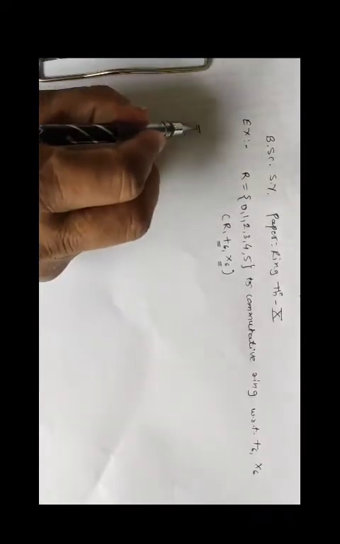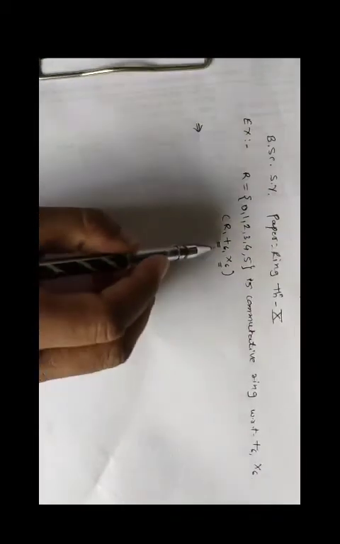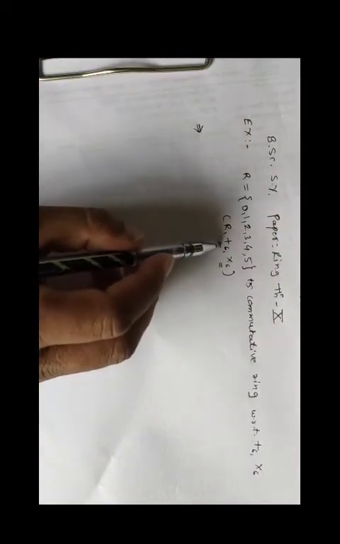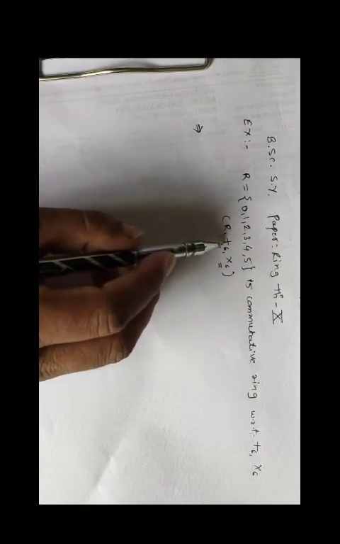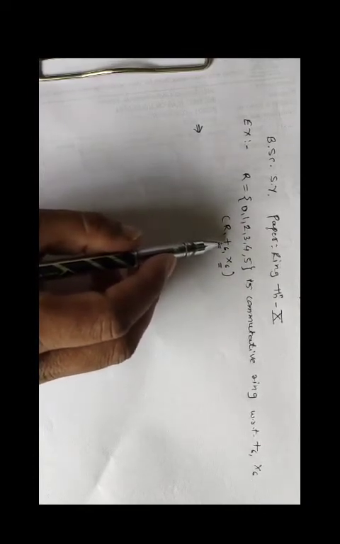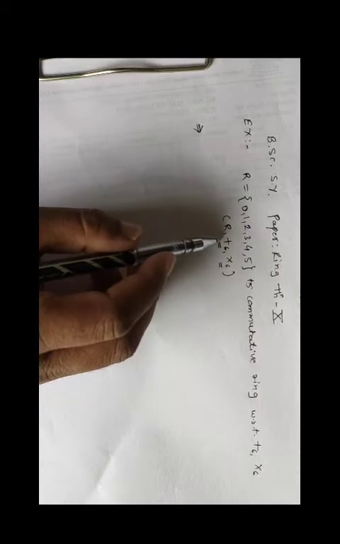So dear students, as we have proved in groups, we should first prove that R is an abelian group with respect to plus 6, that means integer modulo 6. In group theory we have already discussed that R with respect to plus 6 is a group. Not only a group, it is an abelian group also.